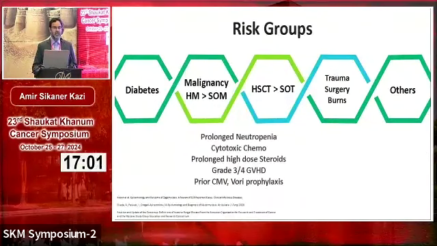In the malignancy and transplant population in particular, prolonged neutropenia with cytotoxic chemo, prolonged high-dose steroids, grade 3, 4 GVHD, prior CMV infection, and VORI prophylaxis have all been associated with mucormycosis.